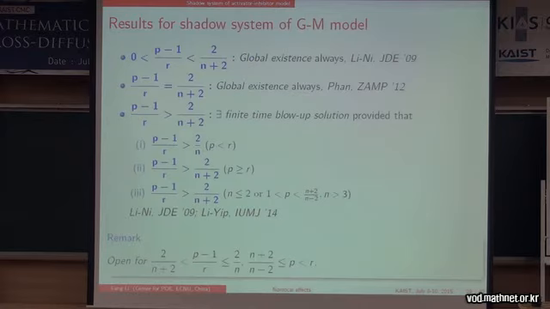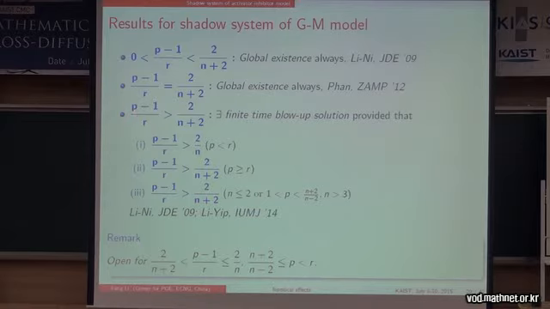Now, what happens to the shadow system of the Gierer-Meinhardt system? Well, it's quite different. Here's the result. If this ratio is less than 2/(n+2), then always global existence. Moreover, even for the critical case, it has been proved there is always global existence for any positive initial values.